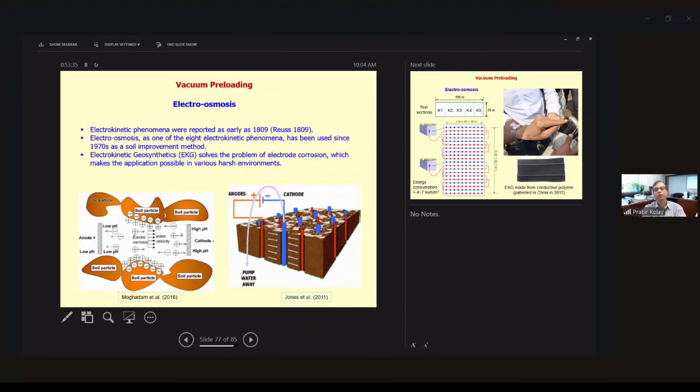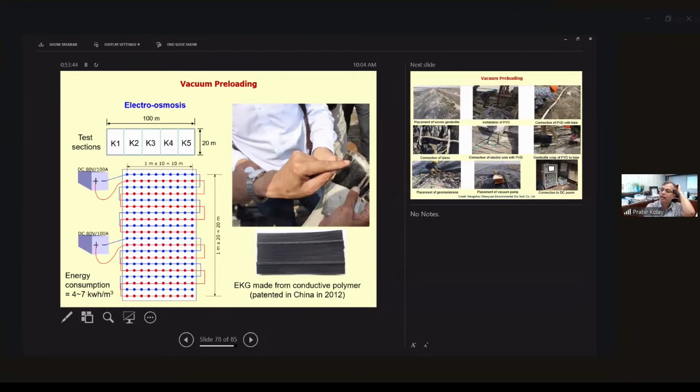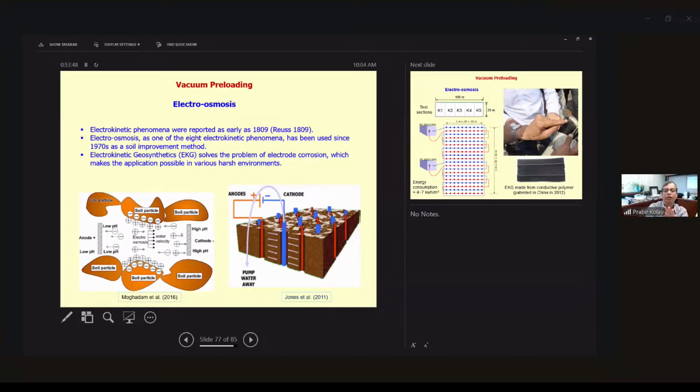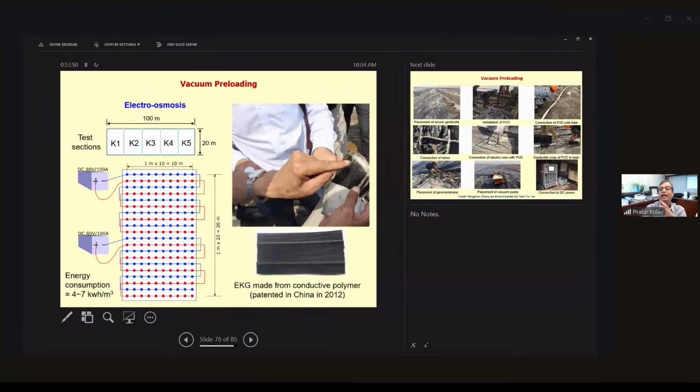And then the electroosmosis I mentioned already, along with vacuum preloading. They also use an electric current, and you can easily calculate that. So they use electroosmosis, but they use the electrokinetic geosynthetic material.